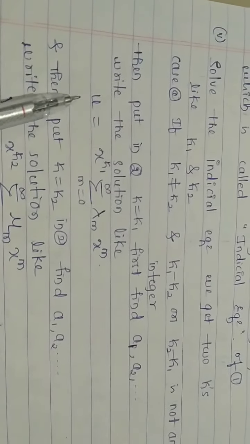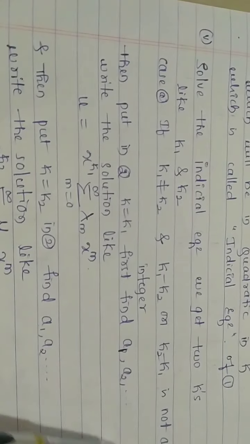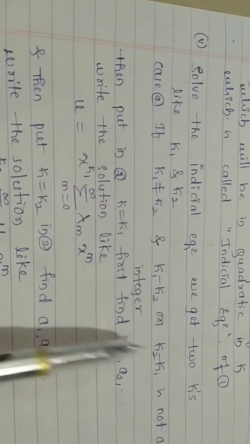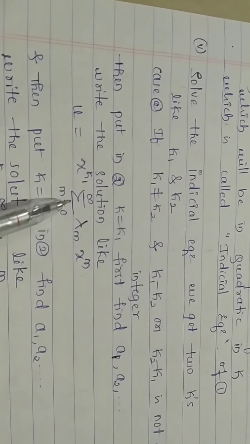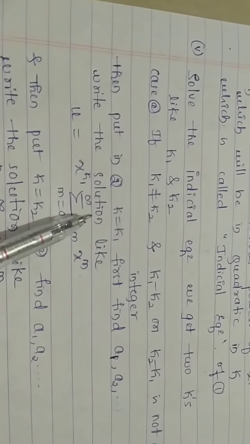This is my first solution. Here lambda m are nothing but the result after putting all the different values of a2, a3 and so on in the original equation, that is equation number 2, written with x raised to k1.